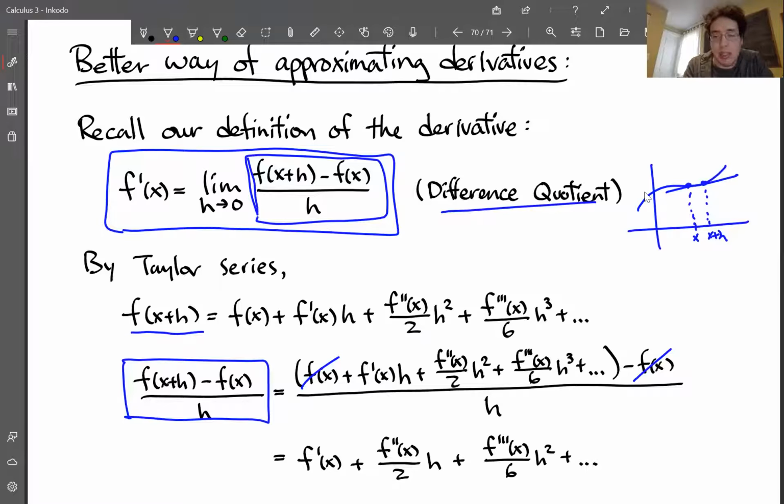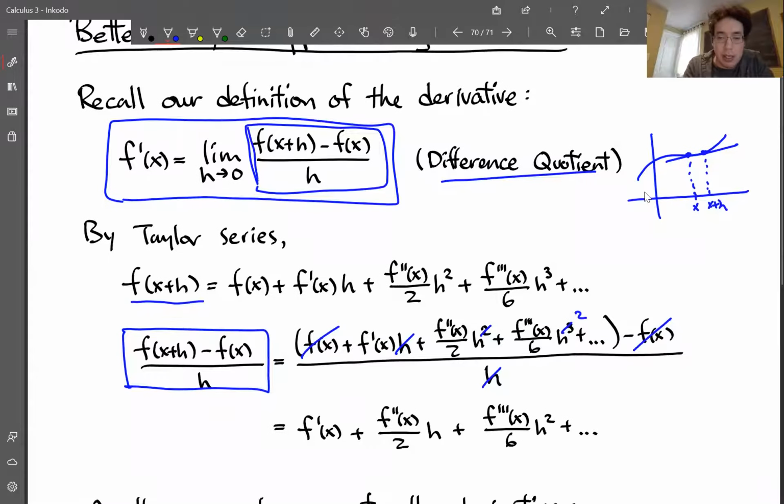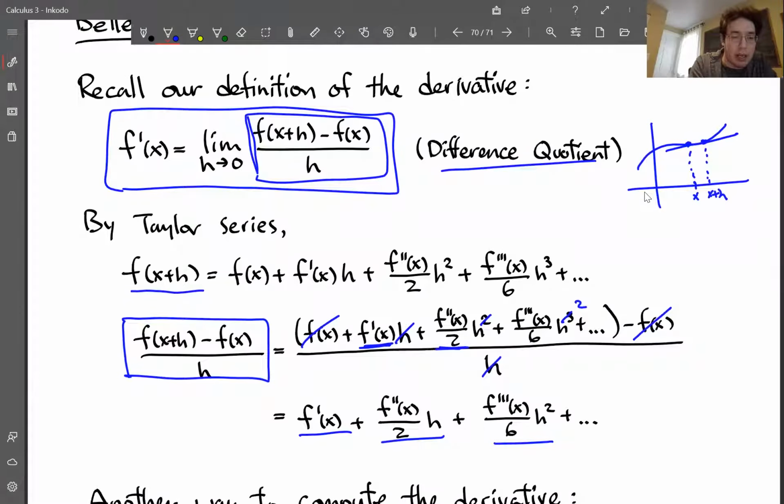So here, I have h squared, h cubed, and so on. So if I divide every term by h, that's basically reducing the exponent of h by 1, term by term. And what we're left with is f prime of x, which is what we have here, plus f double prime over 2 times h, and so on. Okay. So remember, this thing is supposed to approximate f prime of x.